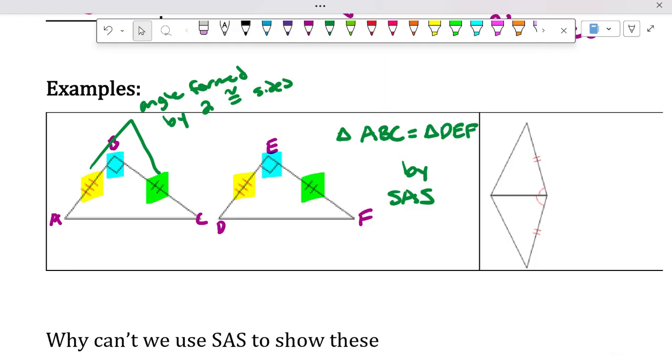Automatically, that means the non-marked side has to be congruent, because this distance from here to here, because they form the same angle, has to be the same. And then the other two angles will fall into play because of how this side will connect to these two. So that's why this is enough information. We're basically making the bottom of the cone of the triangle, and then the top of the cone will always be the same because of that. All right, look at the second one.